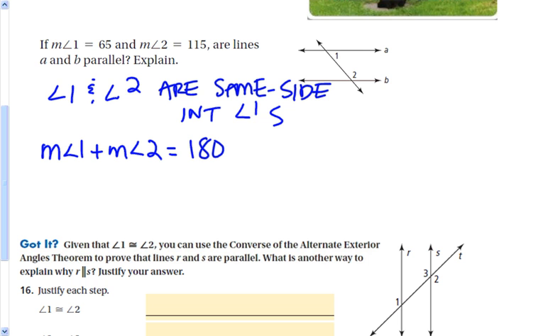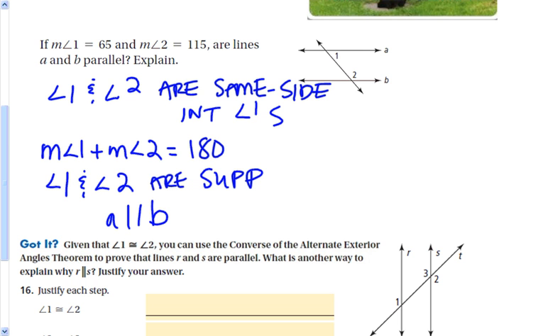Angle 1 and angle 2 are therefore supplementary by the definition of supplementary angles. And so, by the converse of the same side interior angles theorem, A is parallel to B.